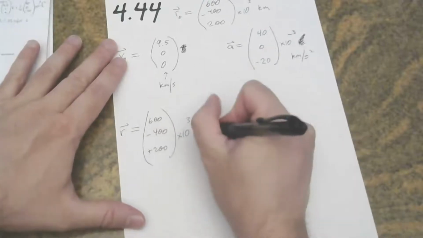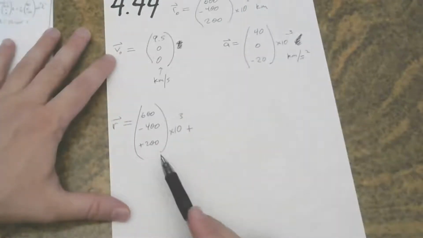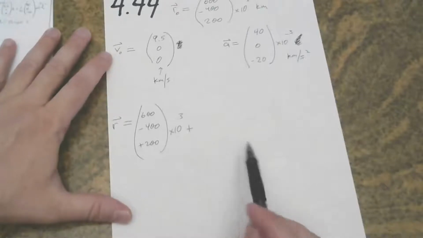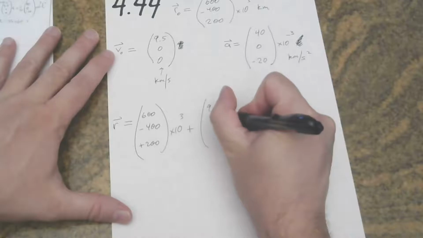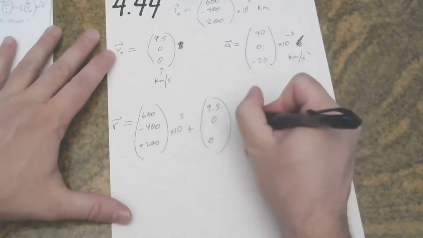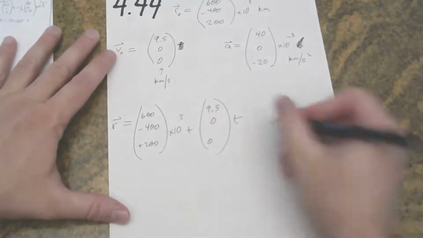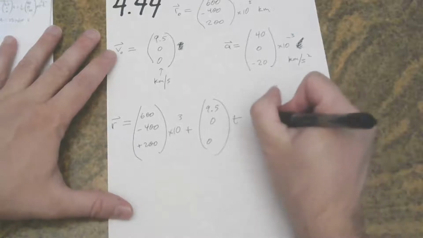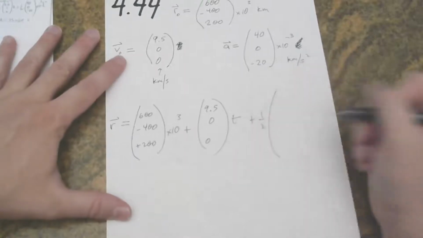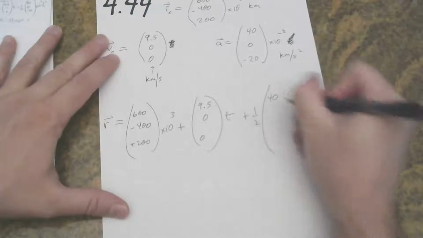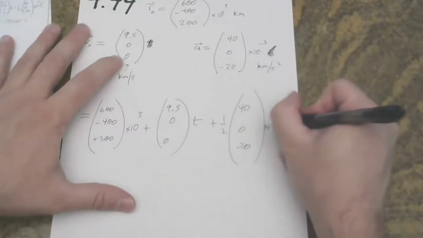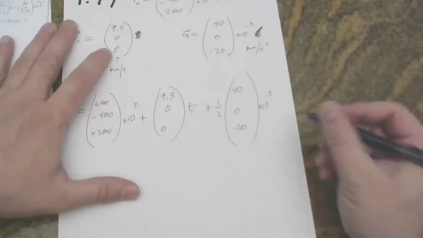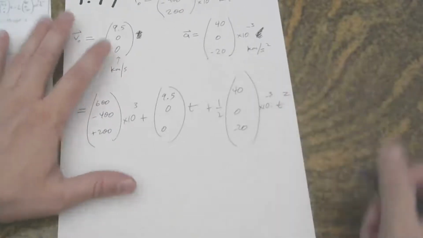This is my R naught plus, remember now, it's initial position plus V naught t. So I have to take my column vector of velocities and multiply by t. And then it's plus 1/2 a t squared. So 1/2 times the column vector for a, that's 40, 0, negative 20. Don't forget the power of 10 to the negative third times t squared.